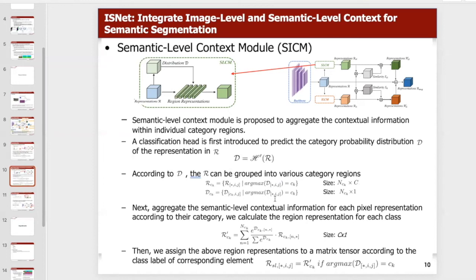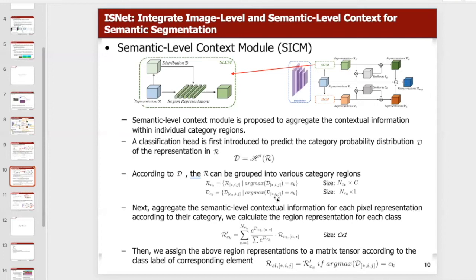But R, it's got multiple channels here, right? Yeah, it has C channels. So you're assigning, what does R sub star IJ have?